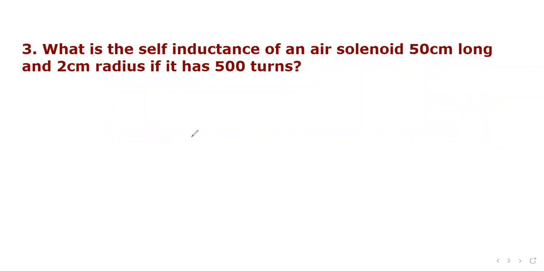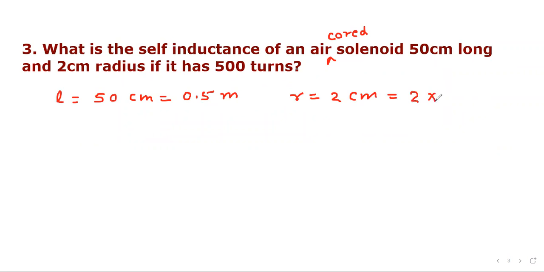Let's see next question. What is the self-inductance of an air-cooled solenoid 50 cm long and 2 cm radius if it has 500 turns? So length of solenoid is given as 50 cm, which is equal to 0.5 meter. The radius is given as 2 cm, which is equal to 2 into 10 to the power minus 2 meter.